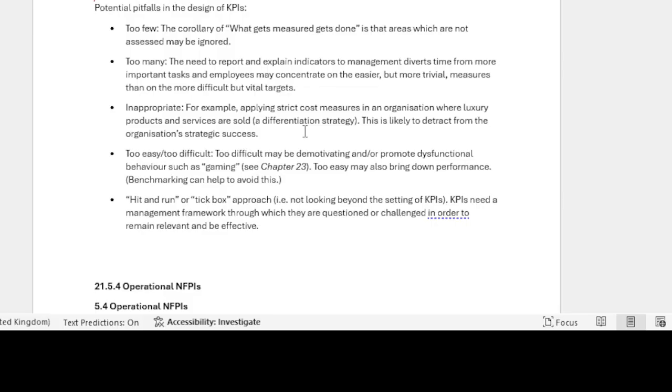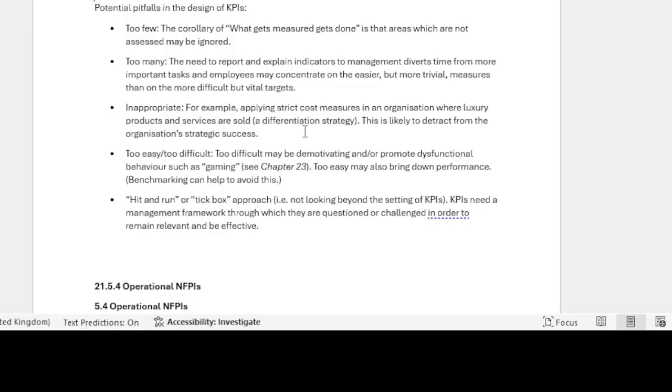So if you try to limit the costs you would incur on making the interior of that particular car look extremely good or extremely posh, you will be missing what is important for the success of that item. So you may not be able to sell as much as you want because it's not appearing as luxurious as it should, because you're focusing on minimizing the costs in the company.